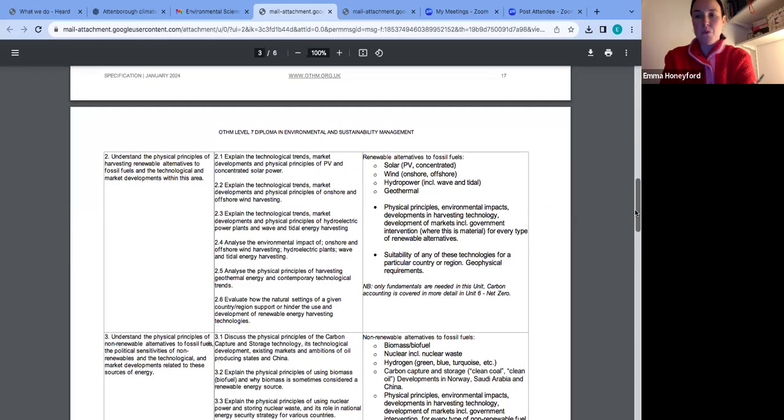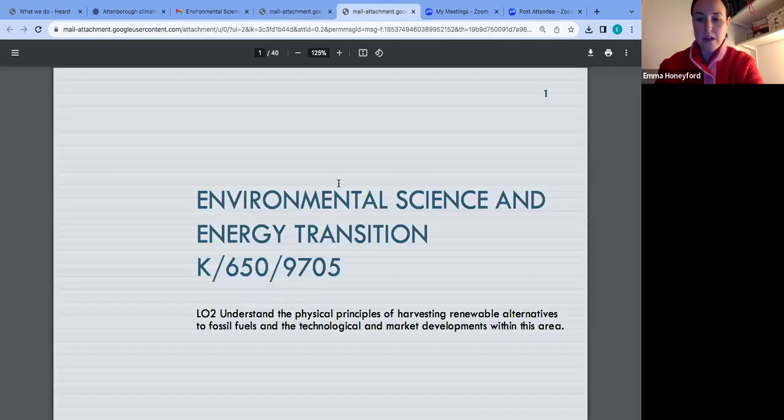We need to have an understanding of the role of energy generation in the transition to sustainability to become net zero by 2050, which is really important. So we will go over in detail the science behind each renewable technology. I'll go back onto the slides.